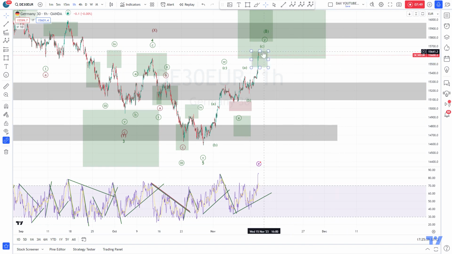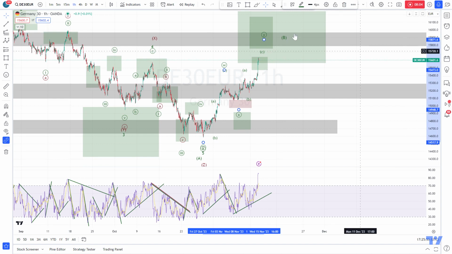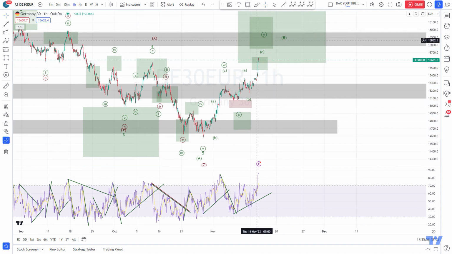It is not a coincidence that the rally stops right here. There is a reason for this, and so we might need a bit more data to see if this level holds. We could also go into the wave Y area, which would also be a good candidate for a reversal.